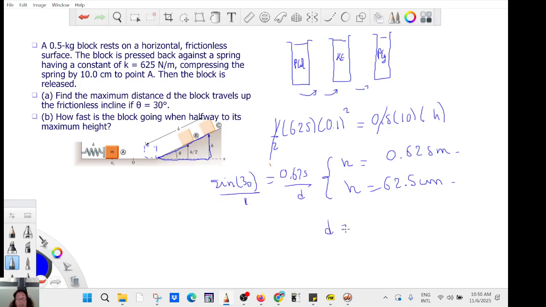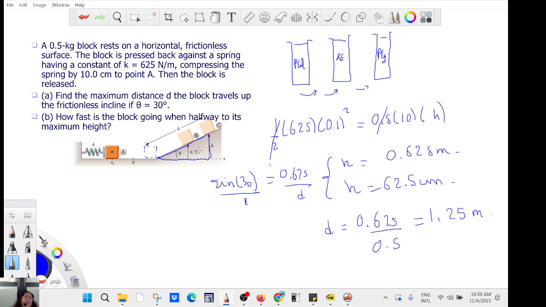So d equals, you cross multiply, divide. Sine 30 is 0.5, right? It's 1.25 meters. Okay, is that clear?